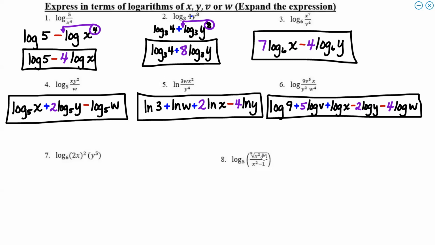And then I can apply my product property. Whenever I see a plus, what happens in my argument? Becomes multiplying. So log of, I'm going to pop some parentheses on here, x squared, y to the 7th.